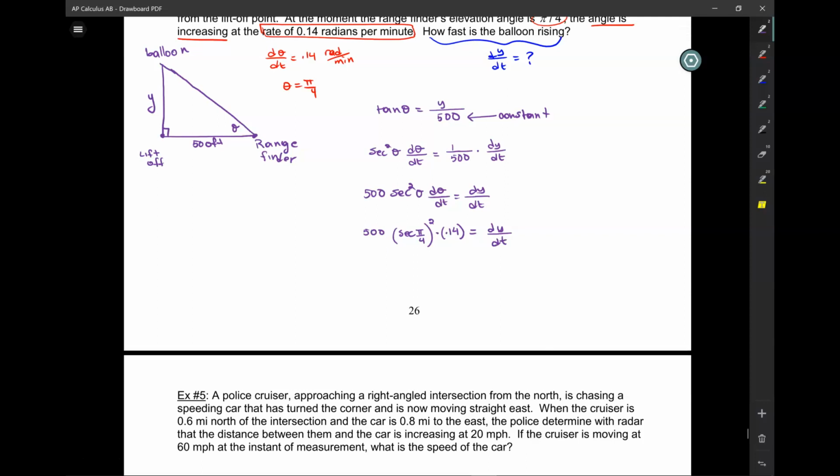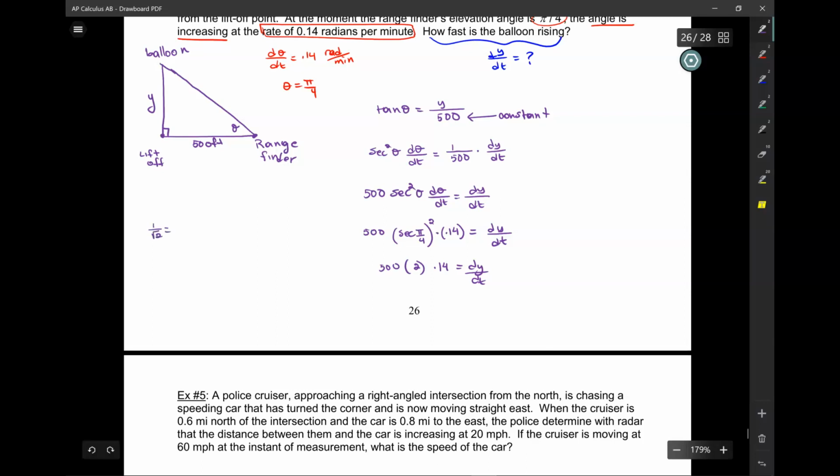Now, you may or may not have a calculator for this section, right? What's secant of pi over 4? Cosine of pi over 4 is 1 over root 2. So secant is just root 2, squared is 2, times 0.14. It's 1 over root 2, which is root 2 over 2, once you rationalize, and then the reciprocal will be root 2.